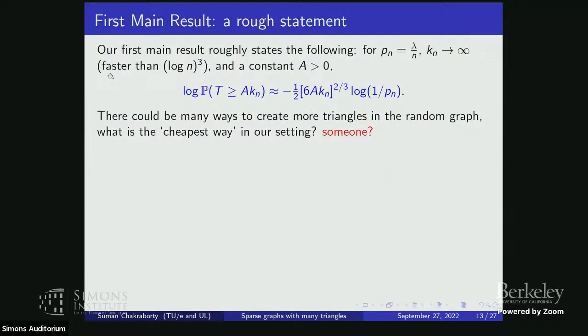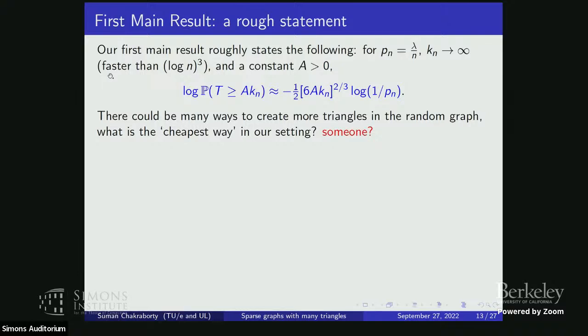Okay, so now let us go into our first main result, a rough statement. When p is lambda over n and Kn is going to infinity faster than log n cubed, I'll comment more on that later, and a constant a bigger than 0, which is independent of n, then we can show that the log of the probability that the number of triangles is bigger than or equal to Kn is approximately this quantity.